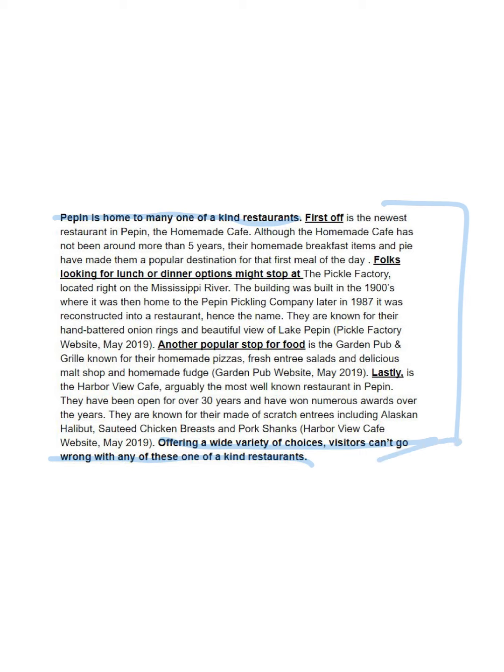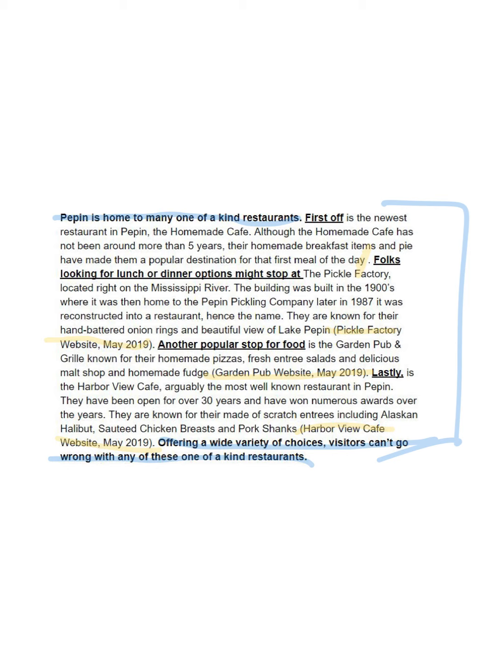But then now today, I'm ready to put in my in-text citations. So you will notice I did that right here. In-text citation, in-text citation, in-text citation, and then you will actually notice that I am missing one right here. I should have one right there for the homemade cafe, which I do not, so I need to add that.